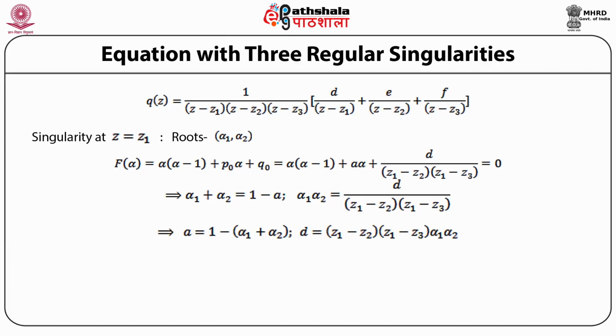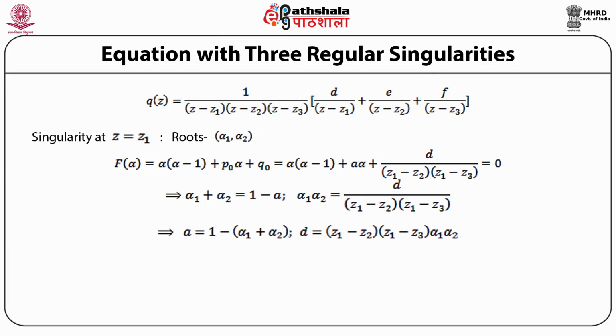If the exponents are alpha 1, alpha 2, then we get alpha 1 plus alpha 2 is equal to 1 minus a and alpha 1 alpha 2 is equal to d by (z1 - z2)(z1 - z3).